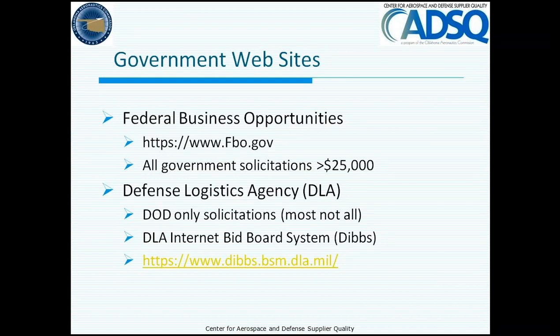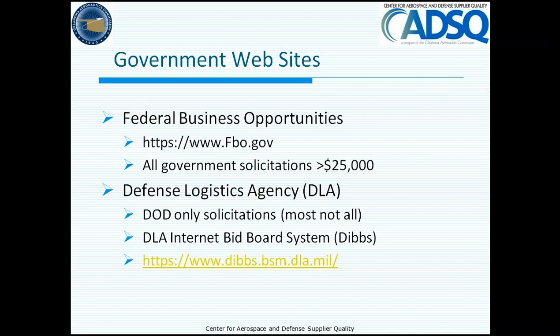So you should see all solicitations within the U.S. government greater than $25,000 on this website, whether it's Homeland Security, Department of Justice, DOD, Tinker Air Force Base. If it's greater than $25,000, it should show on this website, and I will go to that website and show you a little bit of how to navigate it.